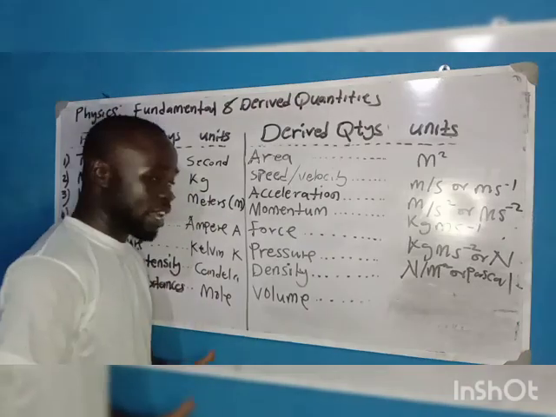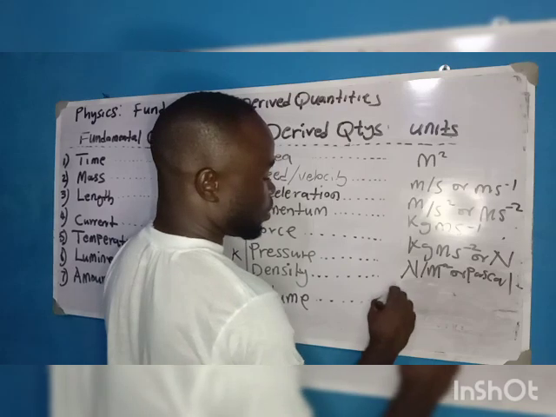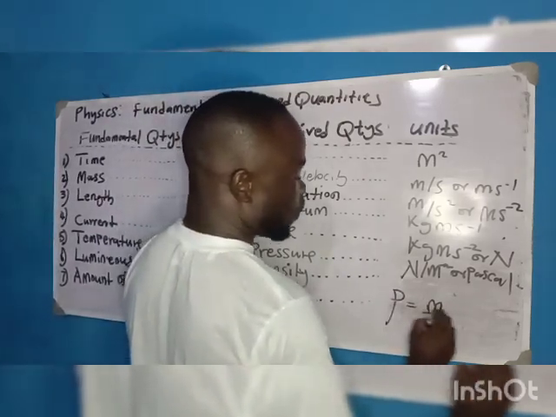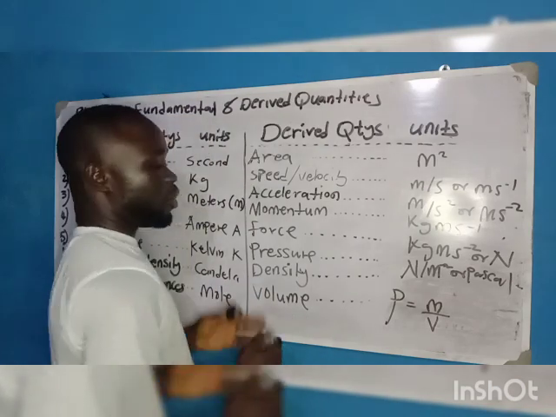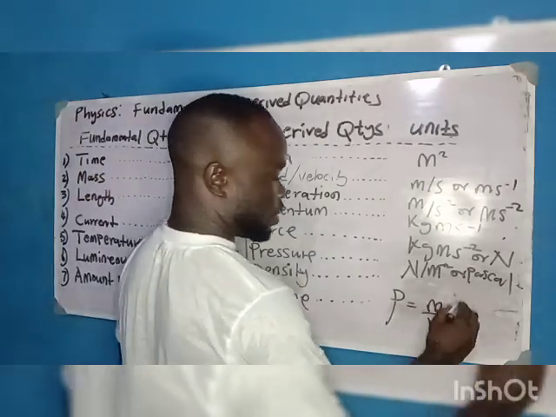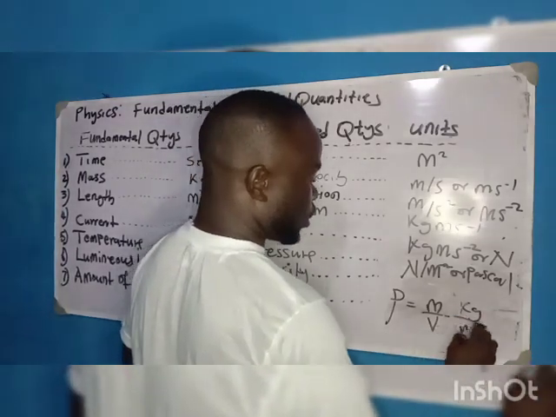The second to the last thing we have is density. Density is simply defined as mass over volume. Density is represented by the sign rho, and is given as mass over volume. To find the unit of density, you find the unit of mass, which is kg, divided by volume, which is meter cube.